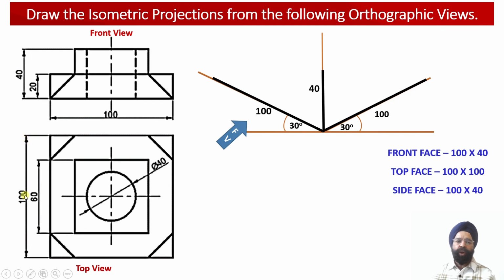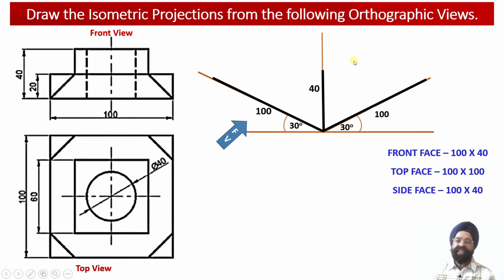The width of the object happens to be 100 millimeter. So the top view projection will be obtained in the XZ plane over here. Alongside the isometric x-axis, the length will be projected. Alongside the isometric z-axis, the width of the object will be projected over here.